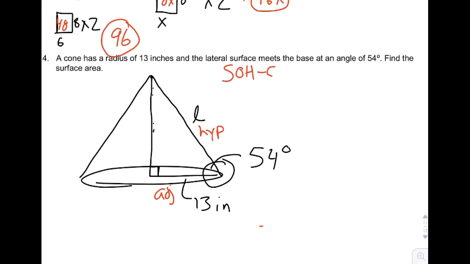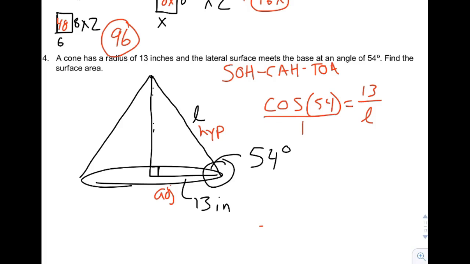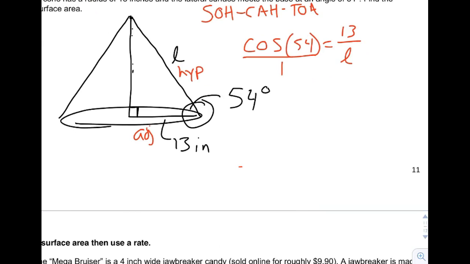SOHCAHTOA says adjacent over hypotenuse is cosine, so cosine of 54 is equal to adjacent, 13, over hypotenuse, which is L. Set that up as a proportion, put a 1 underneath it, cross multiply, solve. You've got your slant height, and then of course we can use our formula for the surface area of a cone to find the answer. Check the answer on your completed notes.